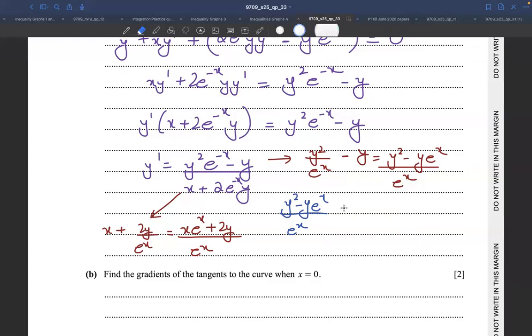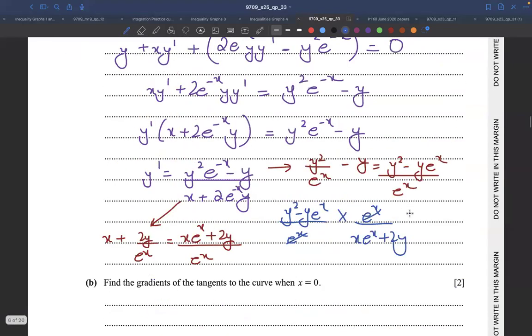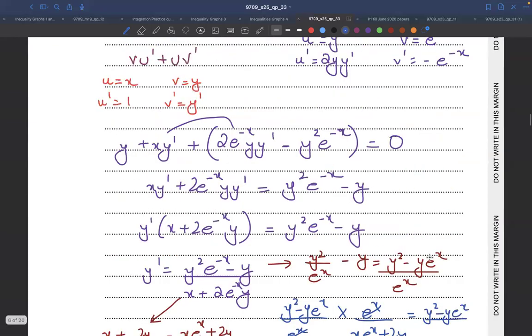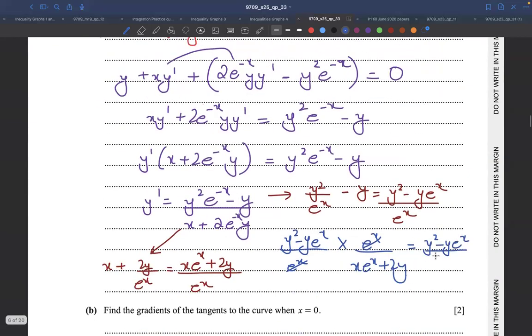So we can now write it as multiplied by e to the power x upon x e to the power x plus 2y. So this and this will cancel out. And do we have the term now? Yes. So we have the final answer: (y squared minus y e to the power of x) divided by (x e to the power of x plus 2y). So that was the first part where we had to prove the dy/dx.